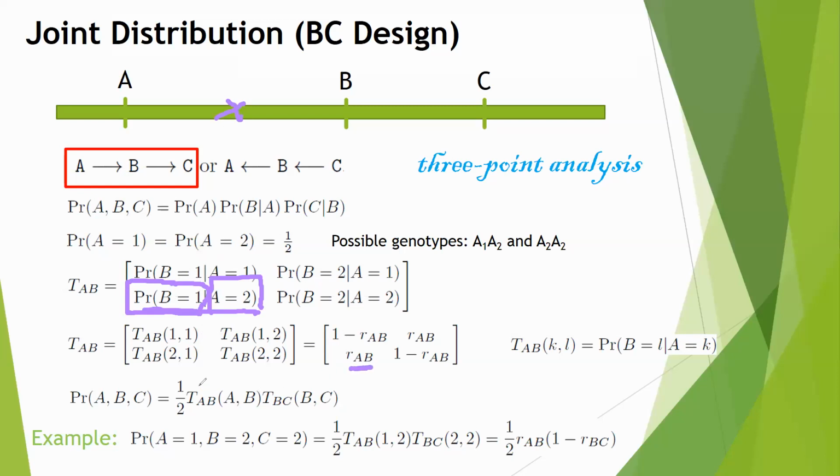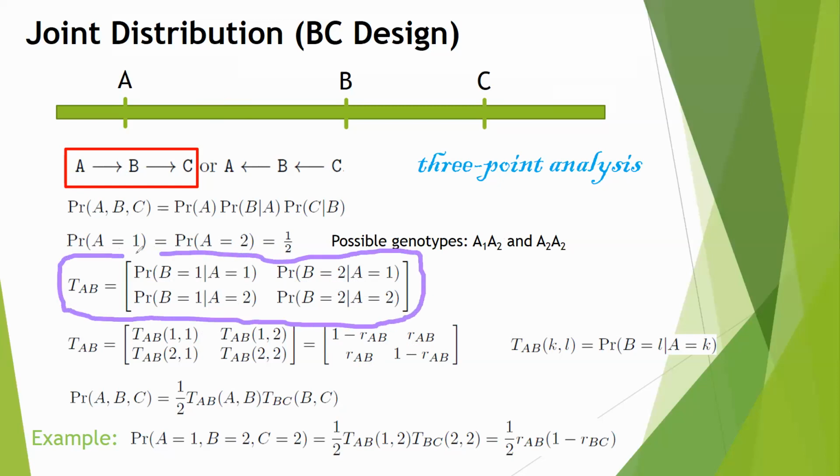This is the probability, right? The same for this one. Is that clear? I hope you understand that. So this matrix is actually equivalent to the diagram I just showed you in the example of a classical Markov chain, which shows the probability of transitions between different states in this Markov chain model.